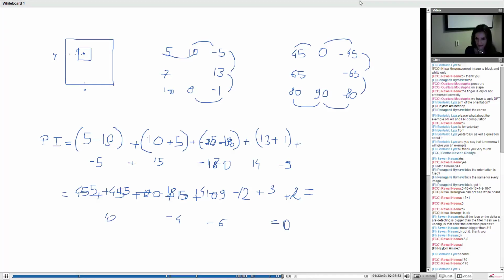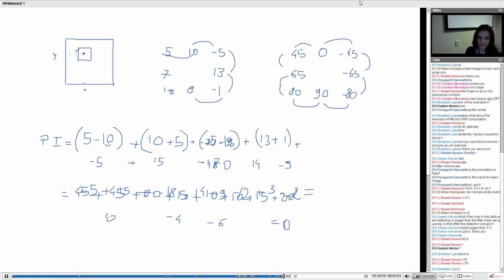And we did this difference. So the next, 90 minus 80 is 10. And then we have 80 minus 65, which is 15. 65 minus 45 is 20.